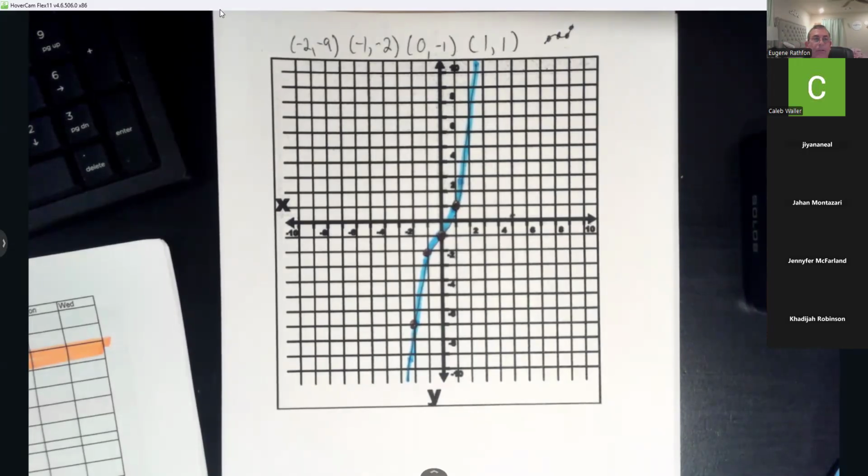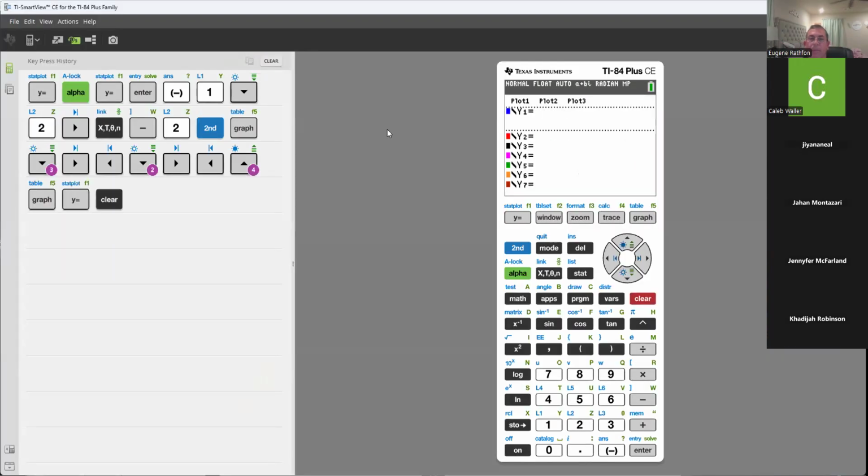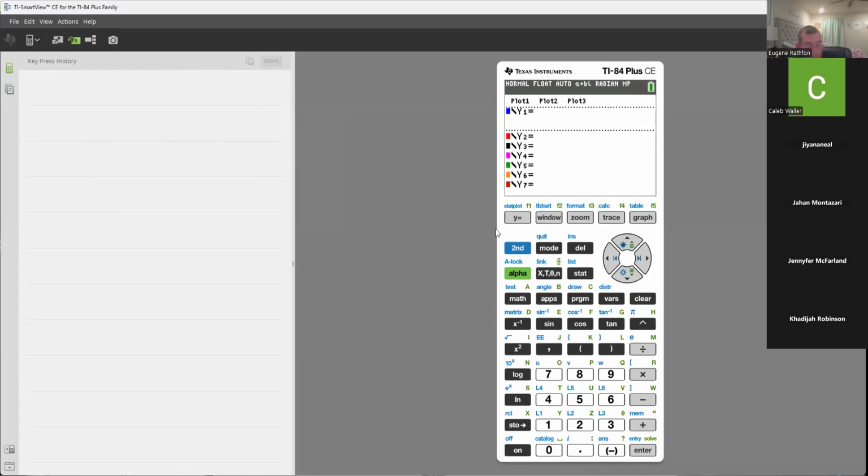You can do that one on the calculator. So let me share that screen. So go to y equals, and we'll clear everything out. All right, so my problem had x cubed minus 1. So x, I'm going to arrow up for my exponent 3, arrow right and come back down and do -1.